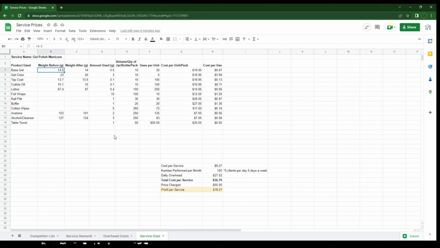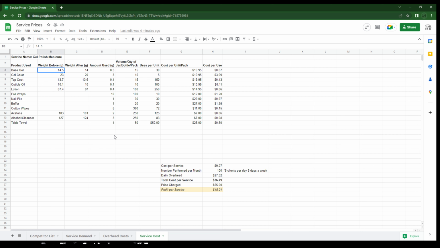And let's say I have a pretty brand new bottle of base gel. It weighs 14.5 grams, or you can change this to ounces if you feel more comfortable. I literally made up numbers for this spreadsheet. I didn't actually weigh anything, but it worked out where the math is very close to what I have seen. So let's say you've got a 15 milliliter bottle, and typically grams and milliliters are equivalent.